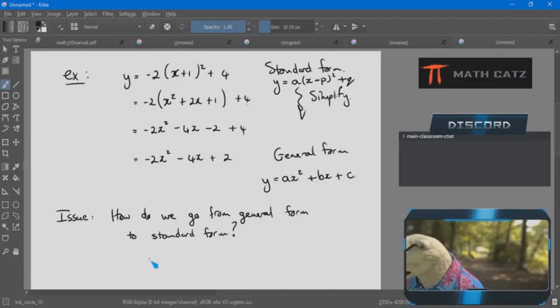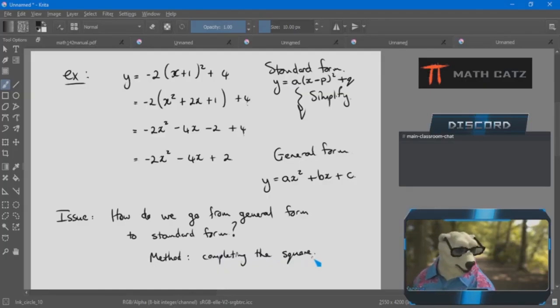That method that we'll use is called completing the square. Now, many people remember completing the square as something they have heard before, but that's pretty much where it ends.